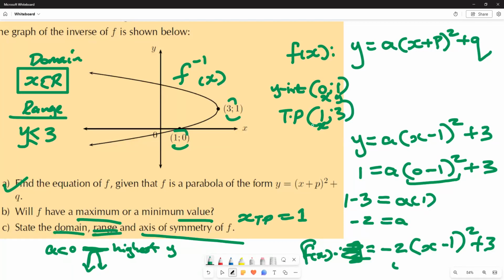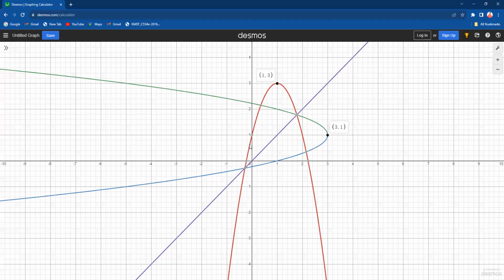Okay, perfect. Then, ladies and gents, we're done with these questions, but I just drew this inverse and the f of x to show you that the equation we found here is indeed true. Let me show you. So on Desmos, you can see that 3 and 1 will become now 1 and 3. It flipped there, you see? Then this point, which is 1 and 0, will flip to become 0 and 1.